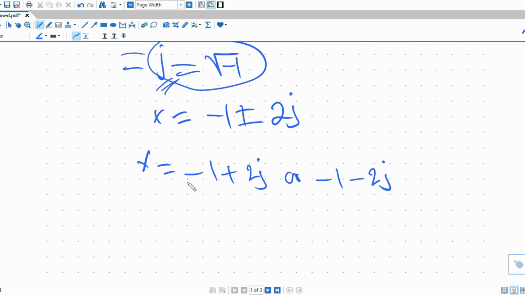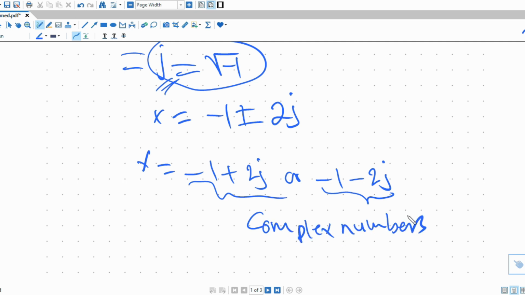These two values are called complex numbers. So the two values are what are known as complex numbers.